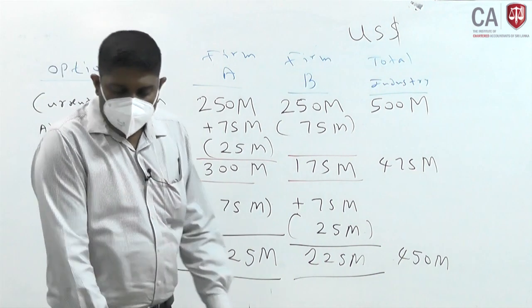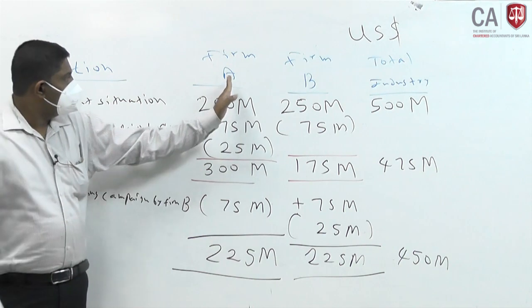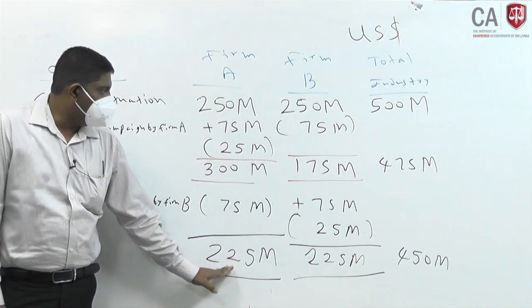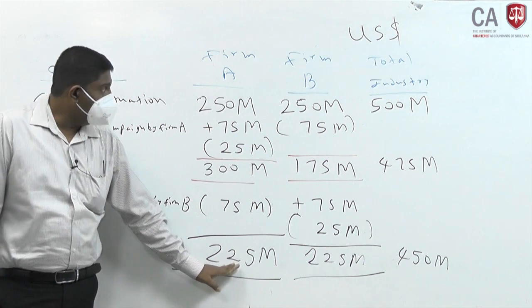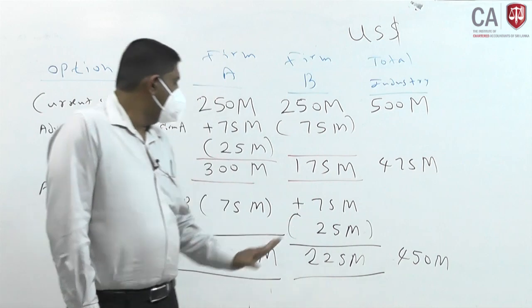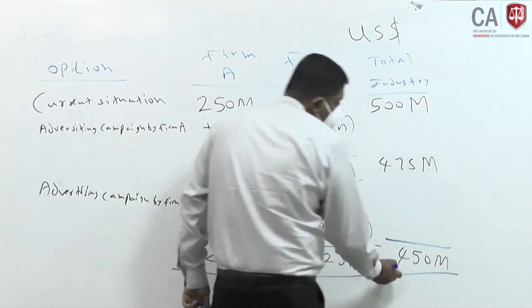So what has happened is, at the end, firm A becomes 225 million profit, firm B income is 225 million. Now the total profit of the industry is 450 million.